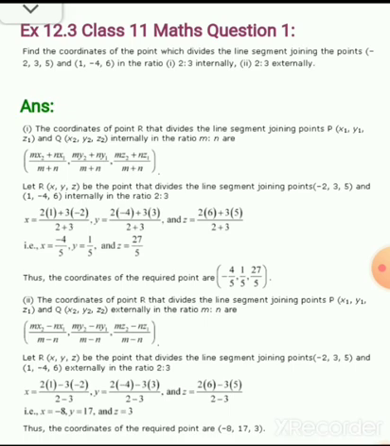So here we have to simplify this in two cases, that is internal division and external division. First consider the section formula, both the formulas. The first one is the coordinates of the point R which divides the line segment joining the points P(x1, y1, z1) and Q(x2, y2, z2) internally in the ratio m:n.